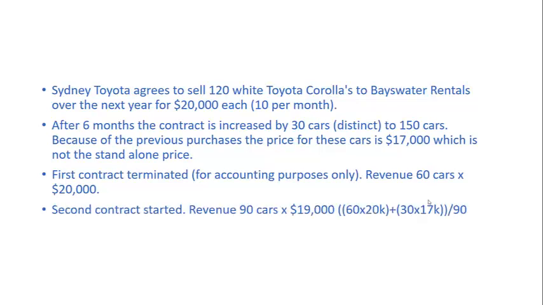And we create a new modified second contract, which encompasses the remainder of the first contract and the modification. So we create a second contract, and this is for 90 cars at $19,000. The $19,000 is the weighted average of the residual cars from the first contract, that's 60 cars at $20,000, and the 30 cars at $17,000 under the modification.